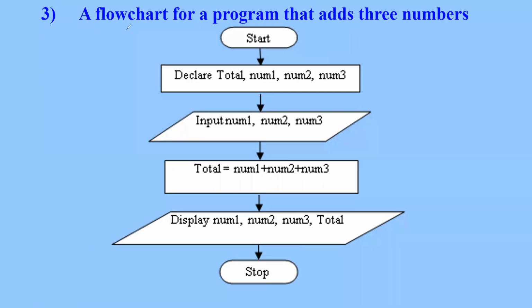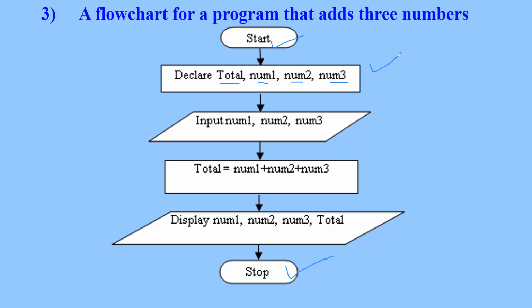Every flowchart should have a starting point and an ending point, just as every program should have an entry point and an exit point. So start. We declare memory locations for the following variables: total, num1, num2, num3. These are just names of variables. They stand for the total, first number, second number, third number.